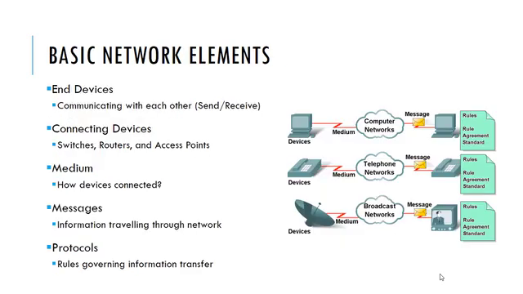The basic network elements are mainly the end devices. These are the communicating devices, the senders and the receivers, the sources and the destinations of information. These are the target of the network, to communicate with each other. Other devices exist inside the network as intermediate devices, as connecting devices, such as the switches, the routers, and the access points.